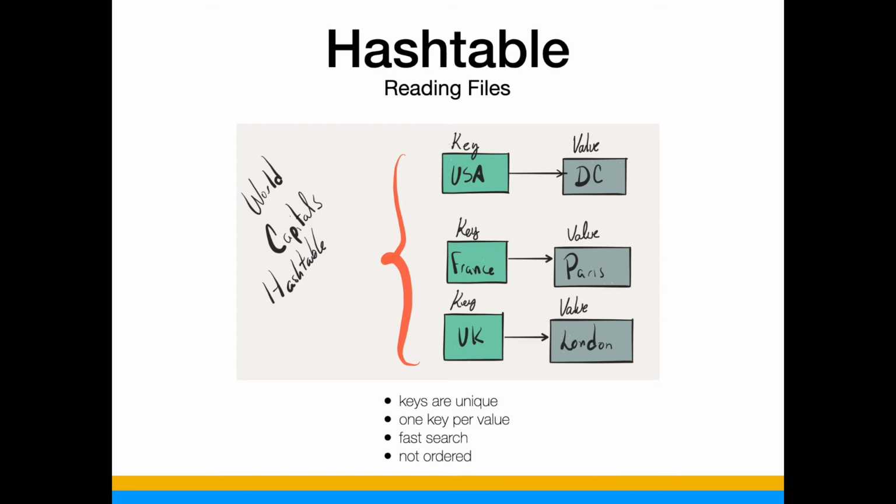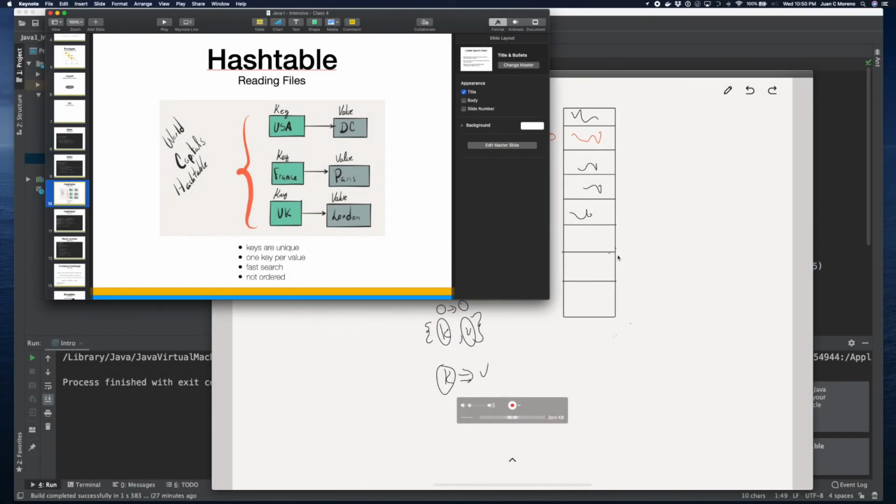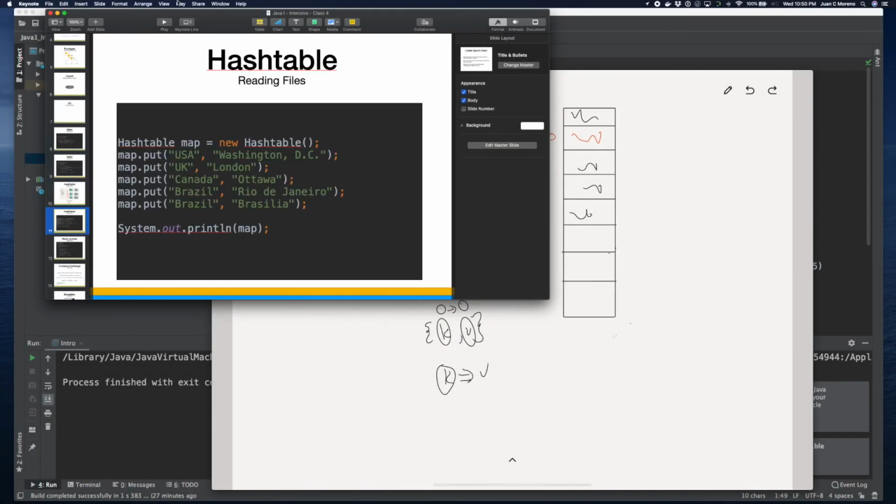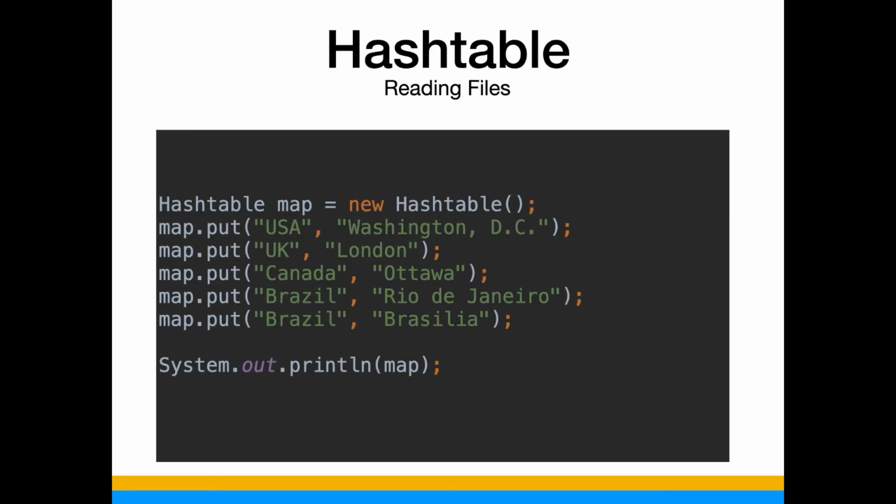Hash tables, dictionaries, hash maps are not ordered, they have a really fast search, and the keys are unique. You can have multiple cities with the same name, but not multiple countries with the same name.